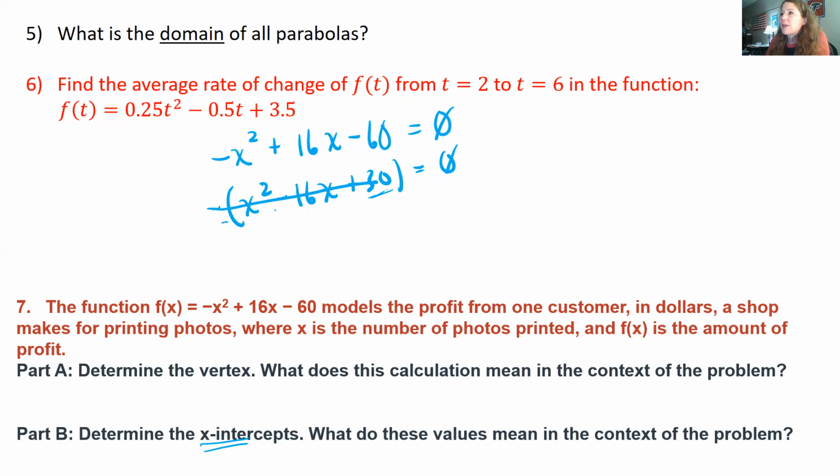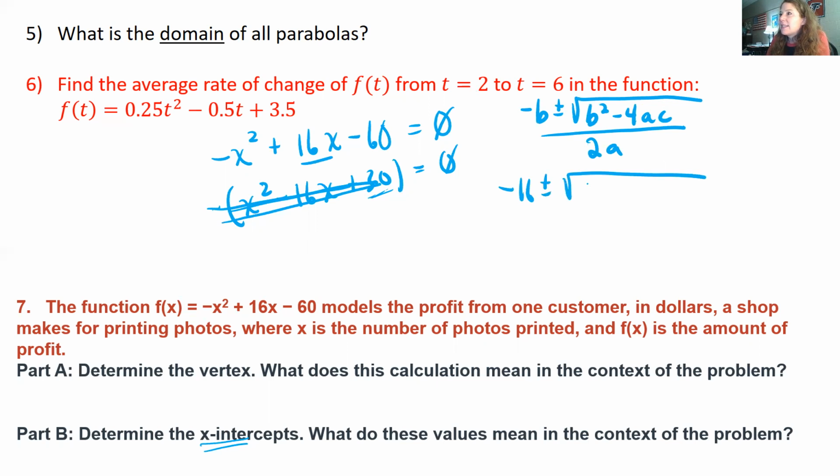We're going to do the opposite of b, plus and minus the square root of b squared minus 4ac, all over 2a. So the opposite of 16 is negative 16 plus and minus the square root of 16 squared minus 4 times negative 1, which is a, times negative 60, all over 2 times a, which is negative 1.